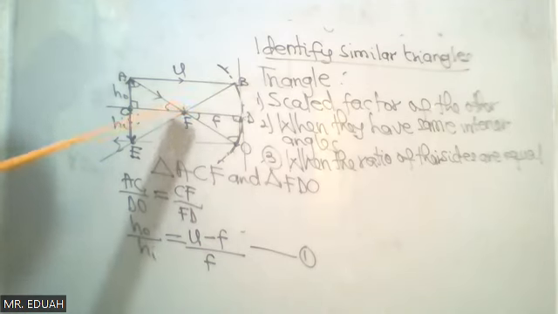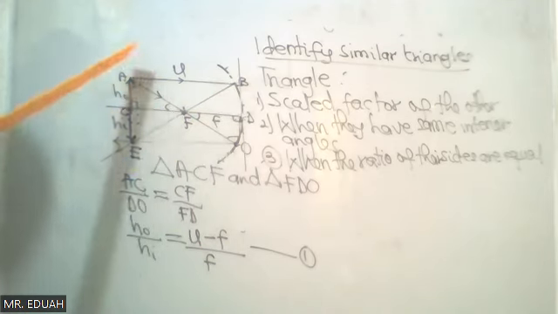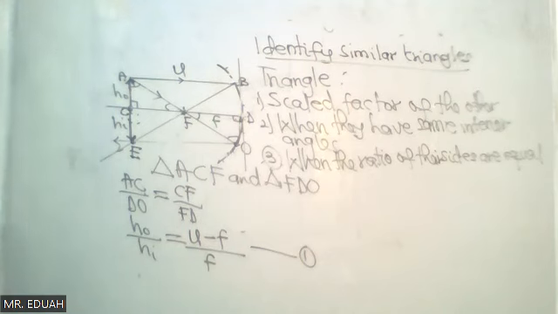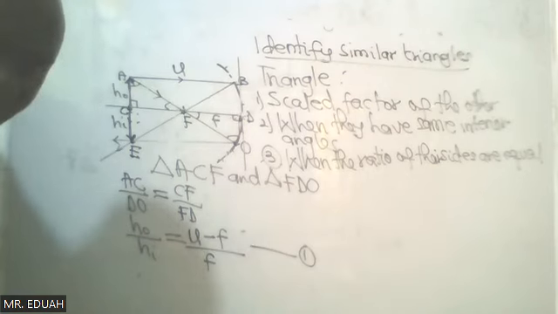Earlier, we identified this and this as similar triangles. Can we identify another similar triangle? Or you want me to carry on?